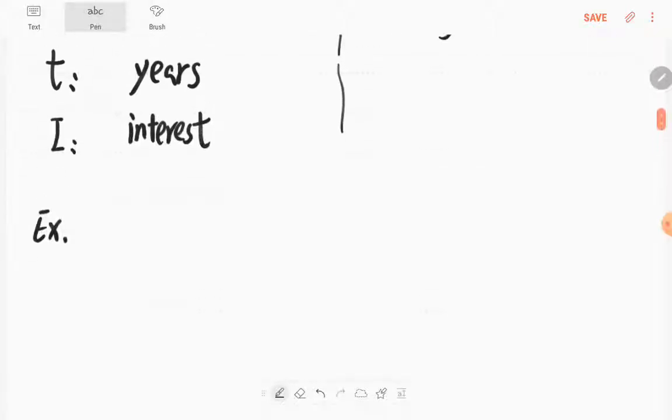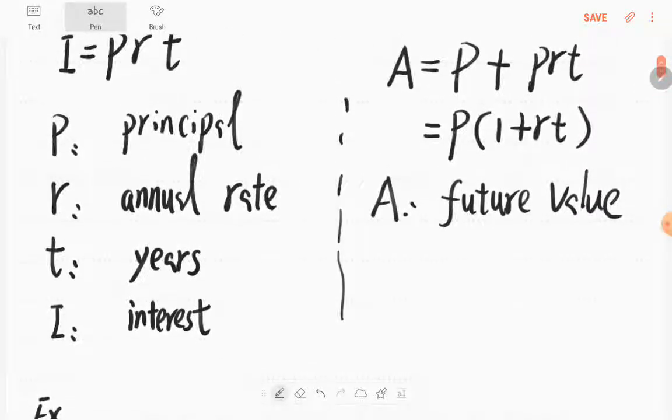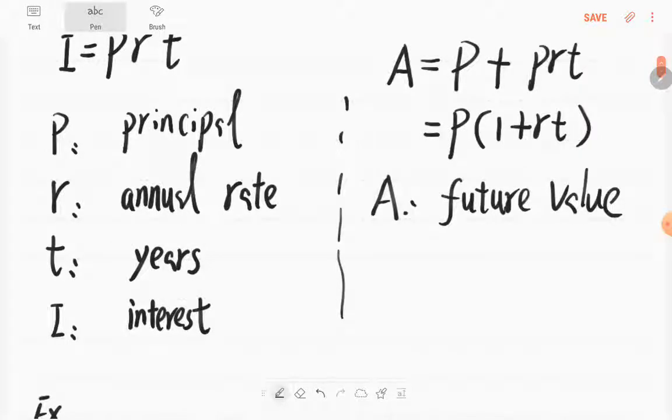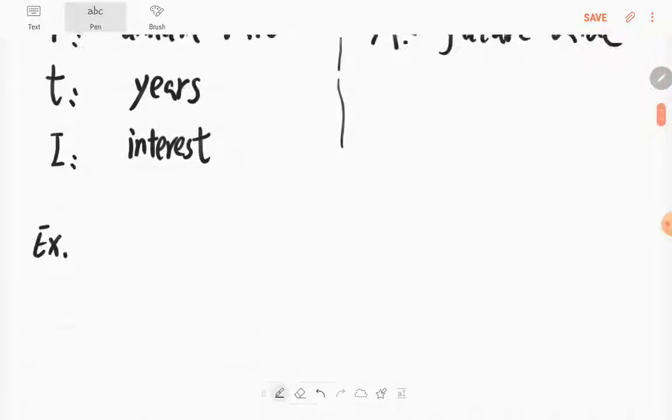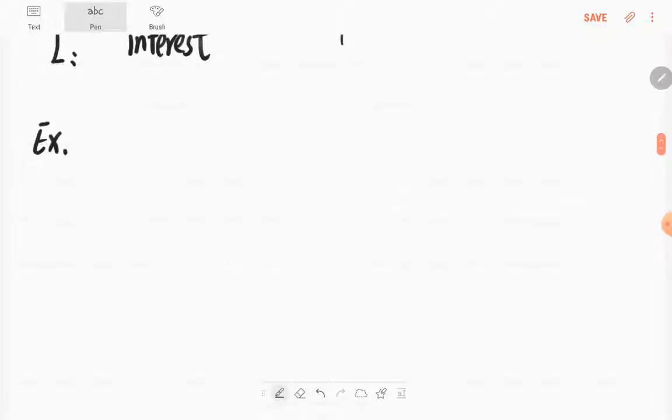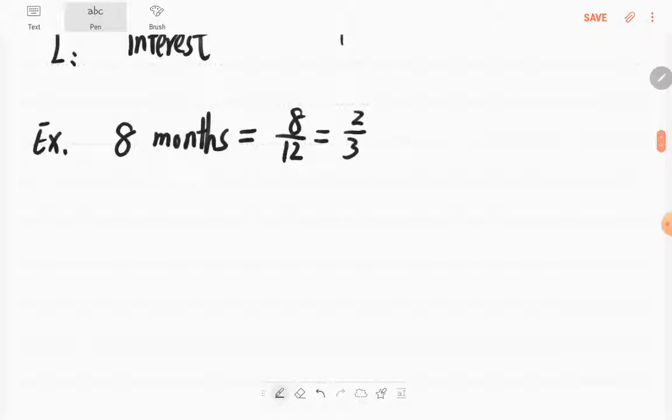So now let's look at some examples. The first thing is we should know that when we do the calculation for the simple interest, we always use T in years. So if you have 8 months, how many years is that? 8 months is 8 over 12, which is 2 over 3 years, right?